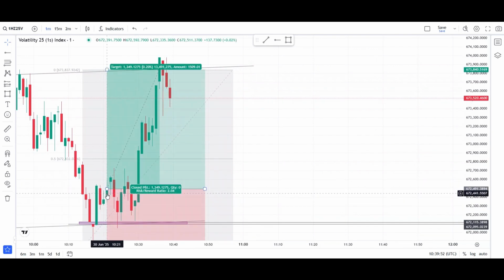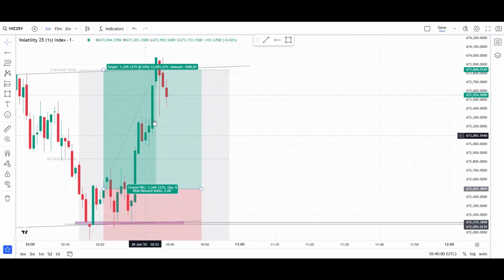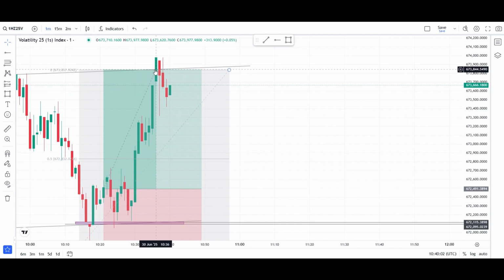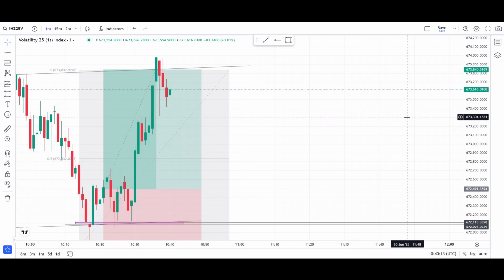It was 10:21, right? And then the market just dropped after that, and then I entered here at 10:25, and then the TP just got hit at 10:36. Dog, literally, I'm done. Target 1:2. I'm done.